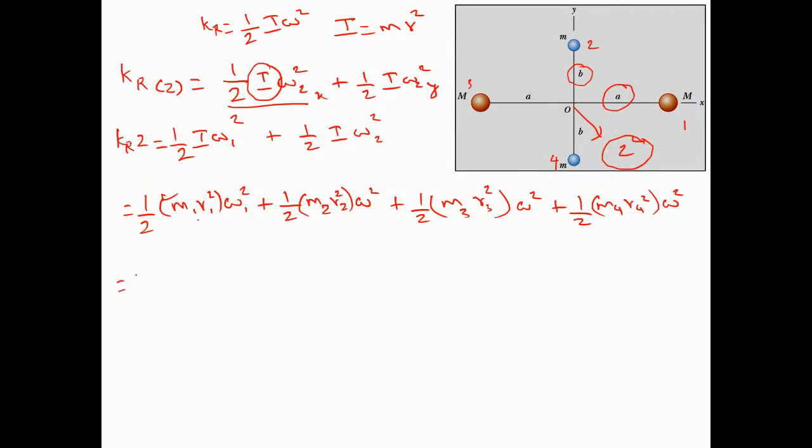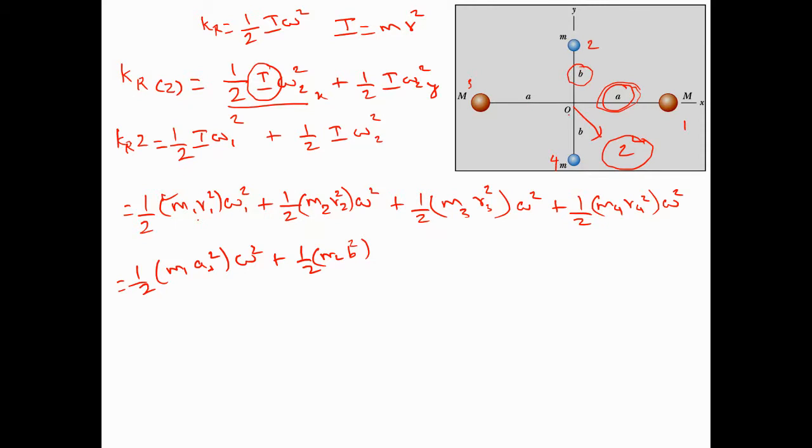So if you extend this, half m1 a square omega square plus half m2 b square omega square. Why did you change r to a? Because r1 is nothing but my a here, and here my r2 is nothing but b. Am I right? My r3 is nothing but a.